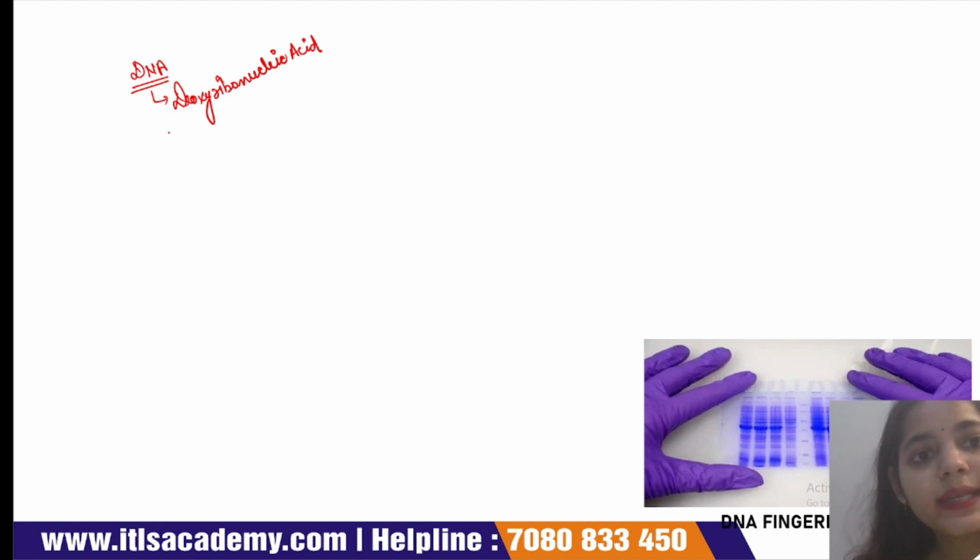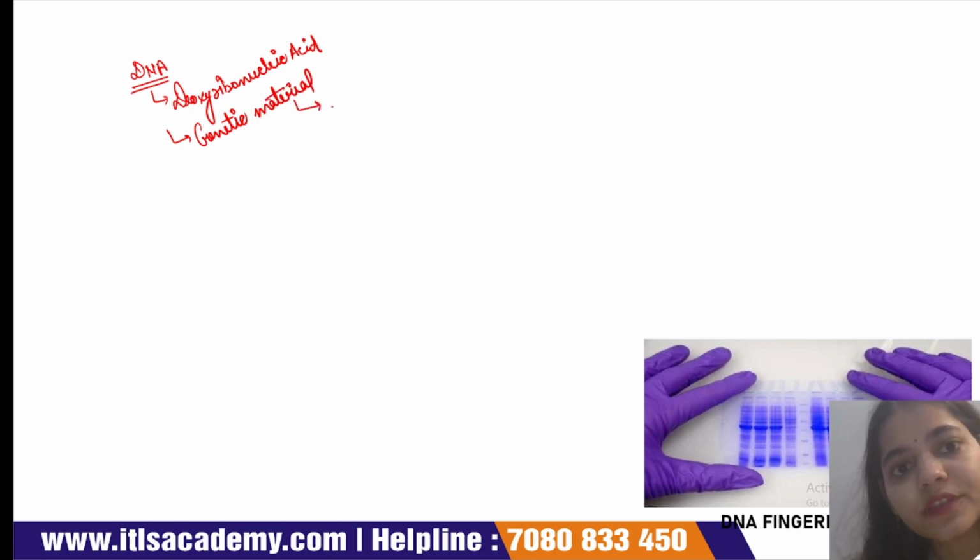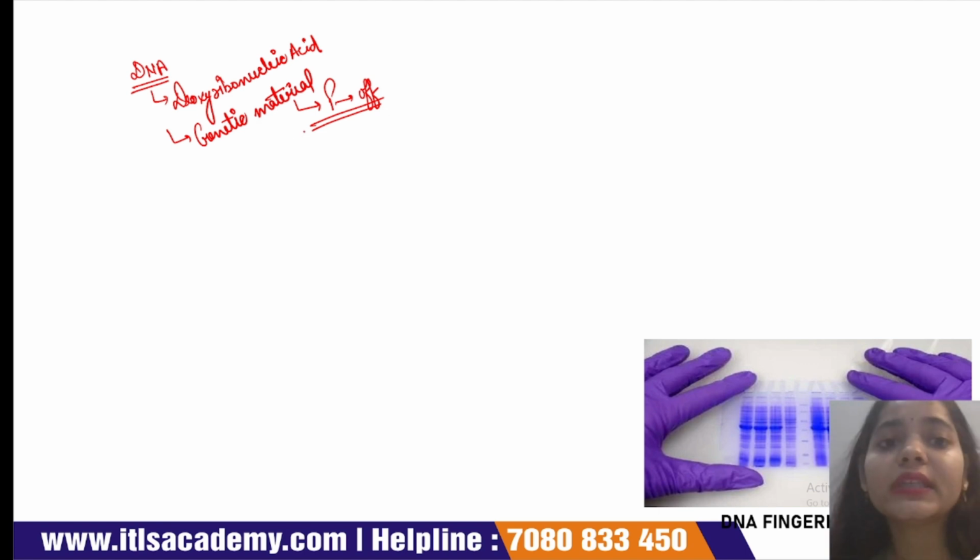It is a genetic material which easily transfers from parents to their offspring. This is a biomolecule which easily transfers from parents to their offspring. That's why this biological molecule is known as a genetic material.